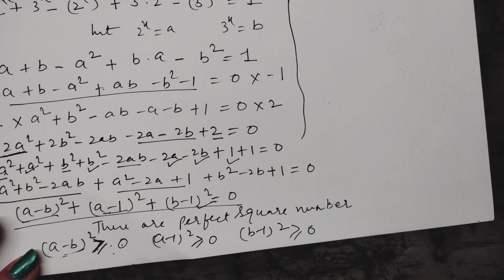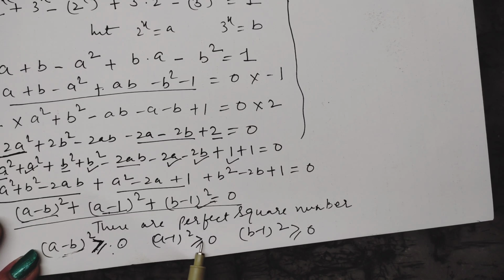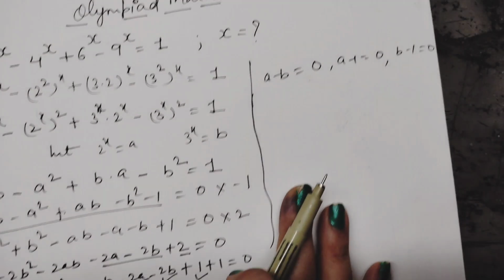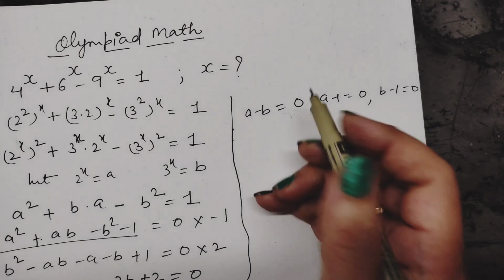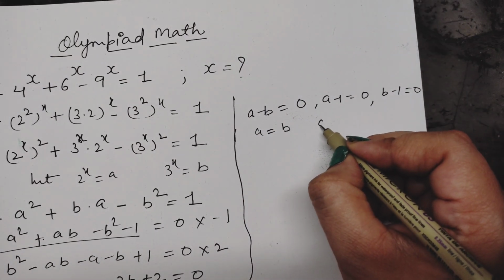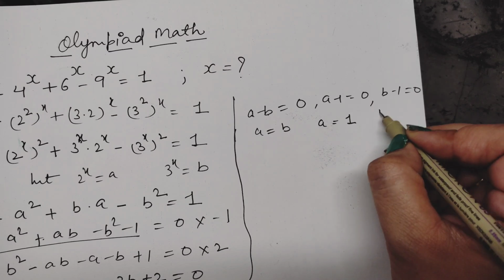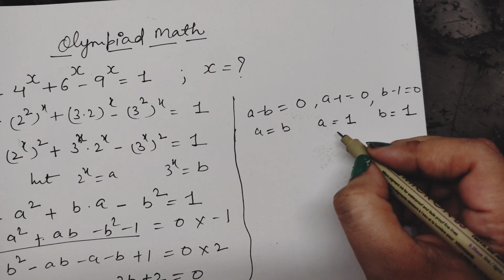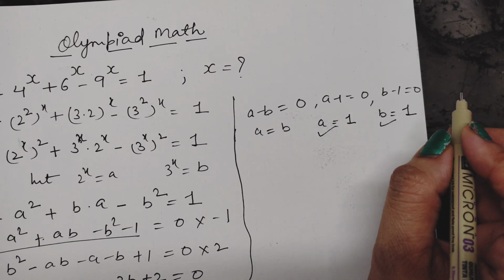Why? You can see a minus 1 whole square is equal to 0, so we write a minus 1 equal to 0. Similarly, b minus 1 equals 0. So a value is 1 and b value equals 1. Now you can see a and b, both the values, are 1 and 1.